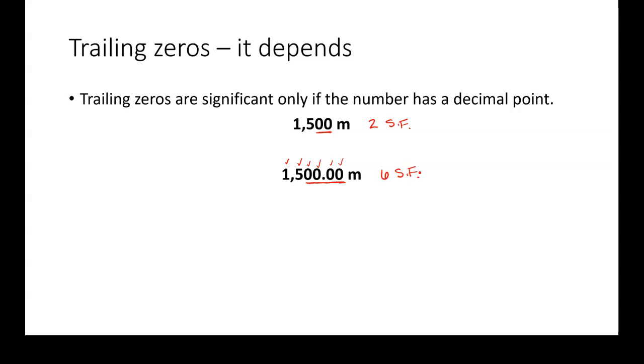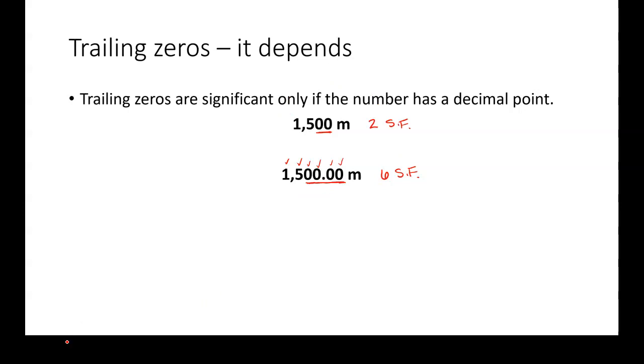When you're looking at a number, you want to think, where are the non-zeros? Identify those first. Then you look to see if there's anything between those non-zeros. Those are all significant, and then you have to examine the trailing zeros and decide if they're significant or not.